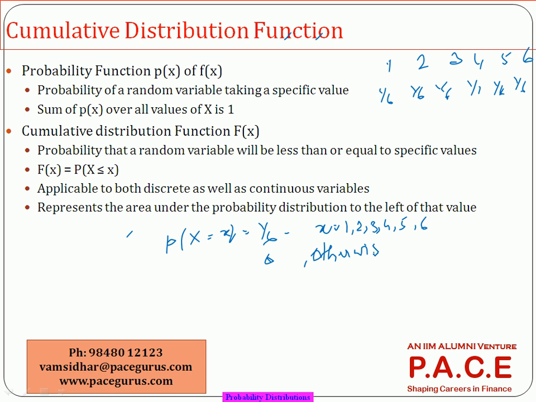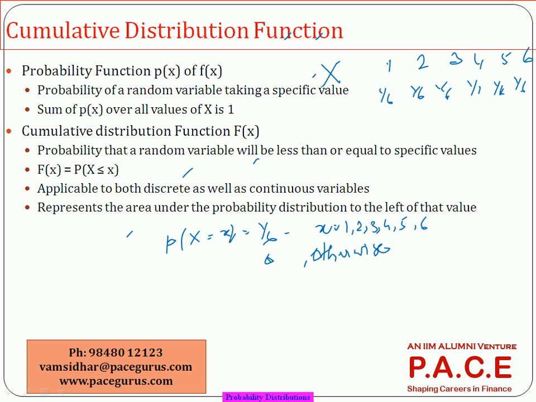What did I write here? I am saying the probability that the random variable X takes a value equal to 1 is 1 by 6. The probability that X takes a value equal to 2 is 1 by 6. So, if I write it in this form, we call it a probability function.